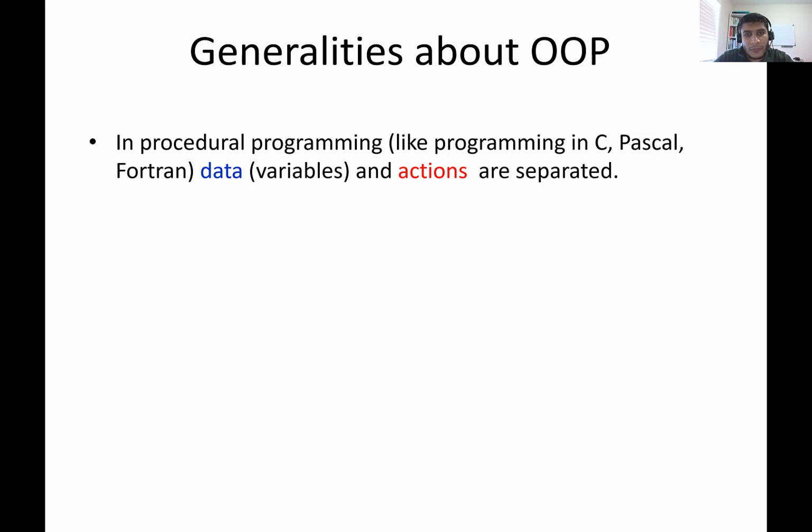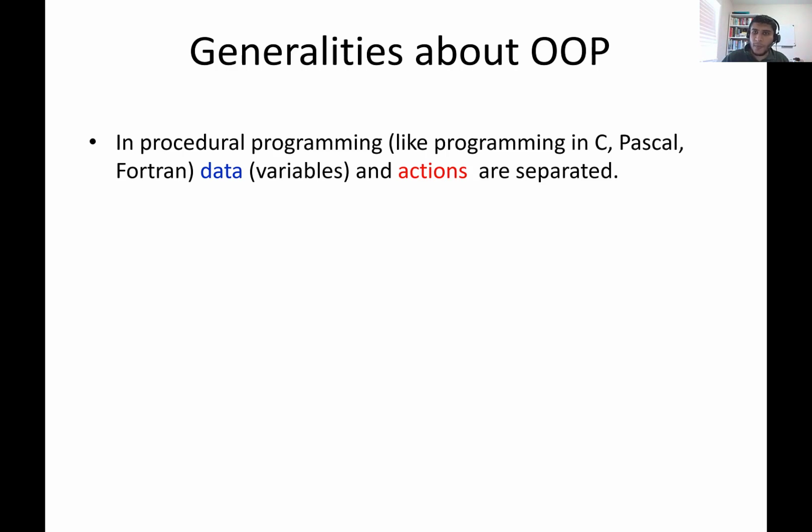Good. So let's revisit some of the concepts behind OOP. In procedural programming, what do you mean by procedural programming? This is a terminology used for programming languages that don't support object-oriented programming. So everything is run sequentially, starting from the main. If you have a function call, as we discussed before, you go to the function, execute it.